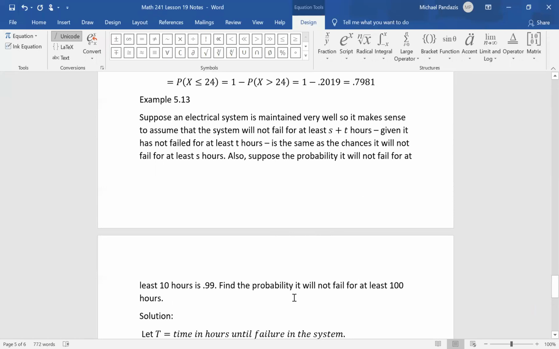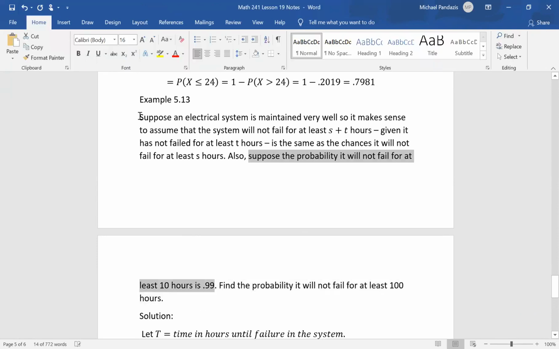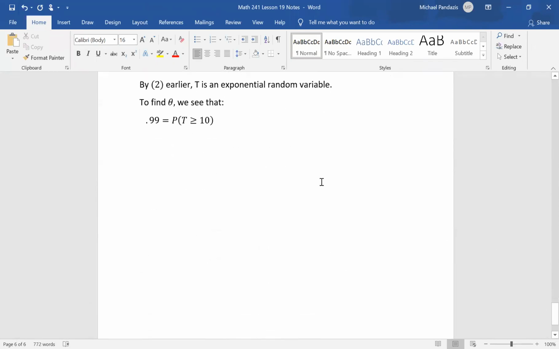Find the probability it would not fail for at least 100 hours. Right? But before that, suppose the probability it will not fail for at least 10 hours is 0.99. That's given to us, right? So the probability that the time in hours until failure is at least 10 is 0.99. And so from that, we get an expression for this probability, which we have equal to 0.99.